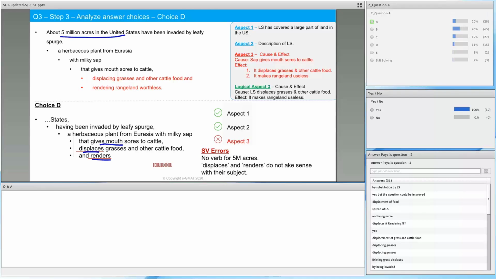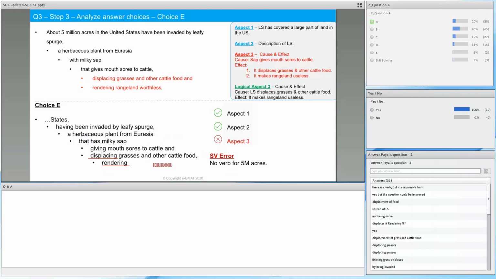Milky sap does not make grazing grounds useless. That's not the right logic. So again, we have the two verbs over here, displaces and renders, that do not make sense with its subject, that which actually talks about milky sap. So choice D is incorrect on this ground as well.